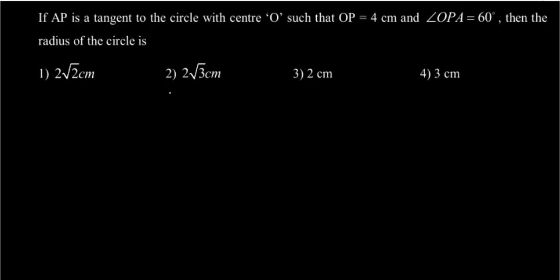Next question. If AP is a tangent to the circle with the center O. So, there is a circle and there is a line AP.